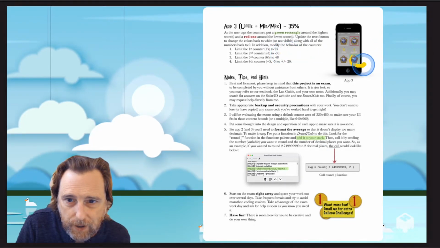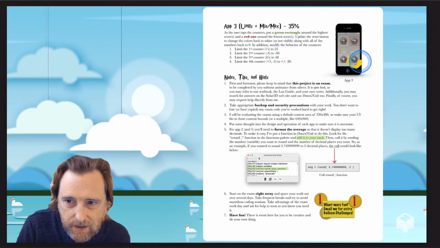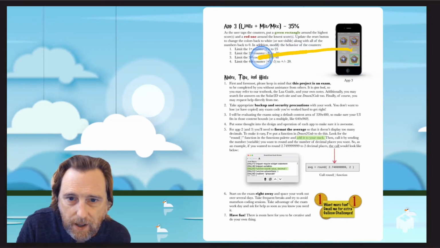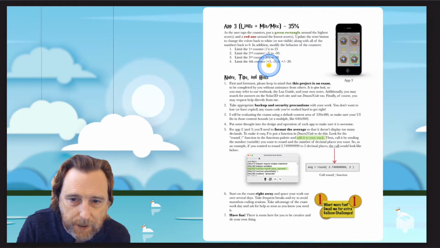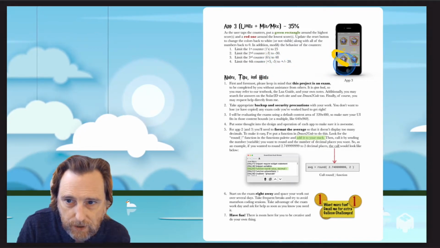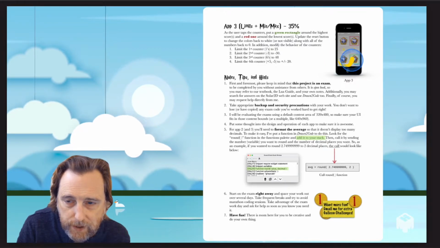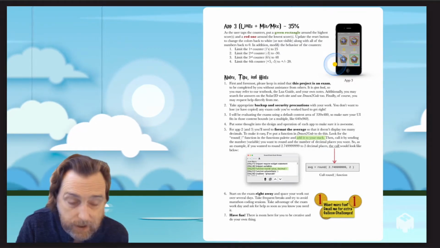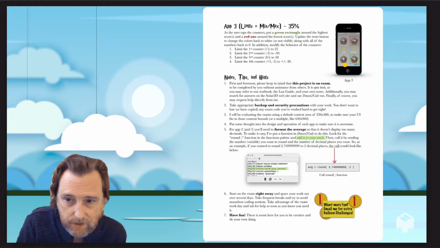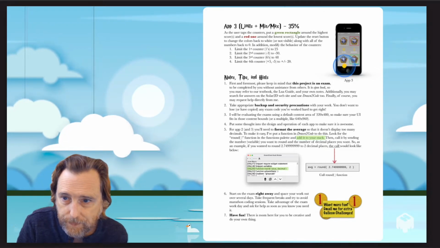The third box, which counts by sixes, I want you to stop at 48. And then the fourth counter, which counts by a random number between plus 5 and minus 5, I want you to limit to plus or minus 20. Since it can go both directions, it could hit negative 20 as likely as positive 20.